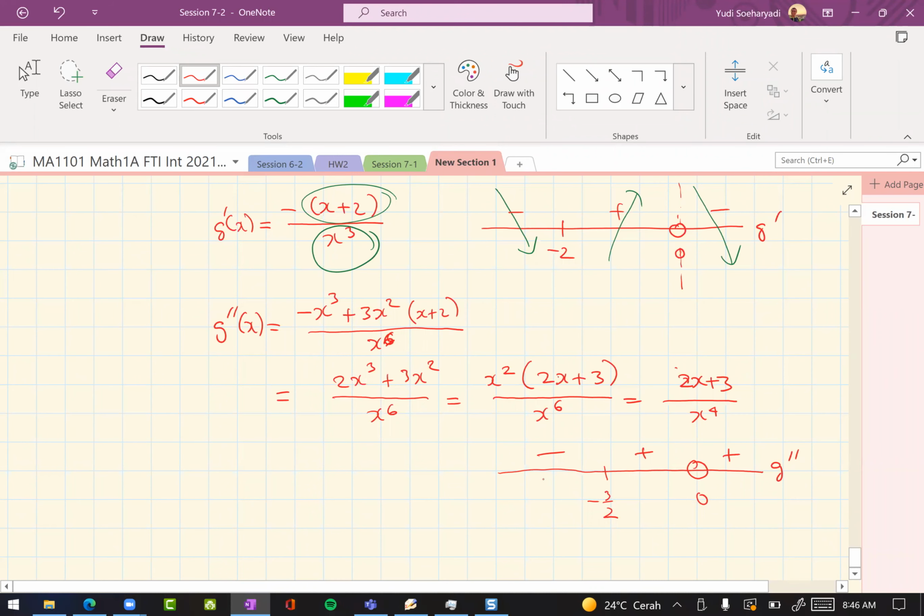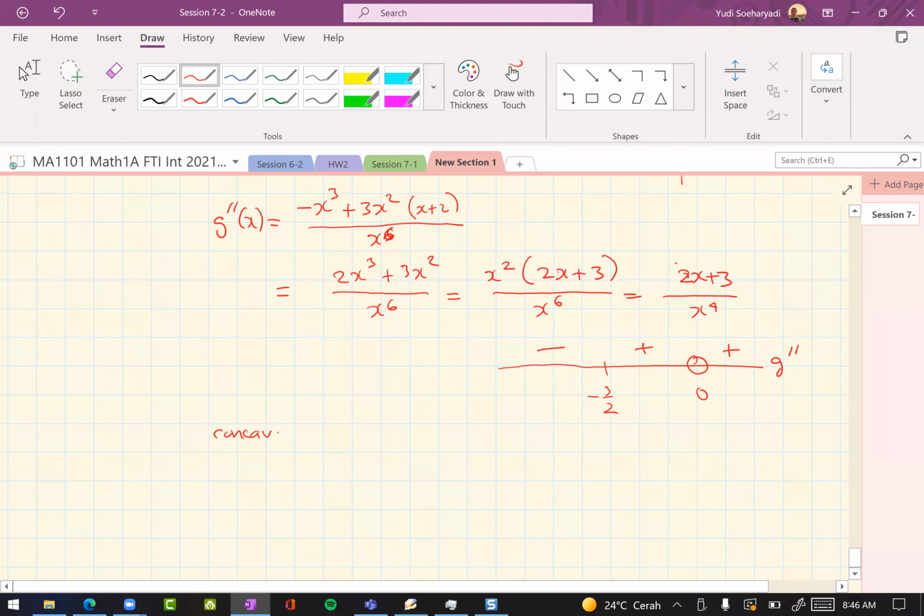Right, so what you can say, this is concave down, concave up, concave up. Okay. Concave up on, concave down on.